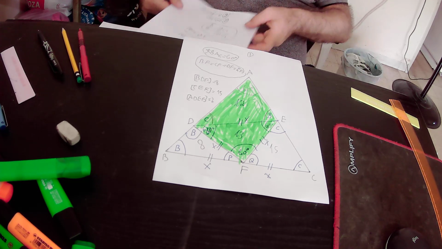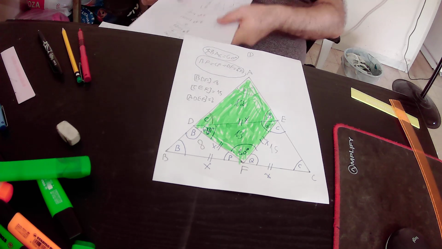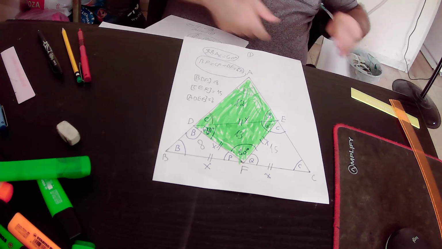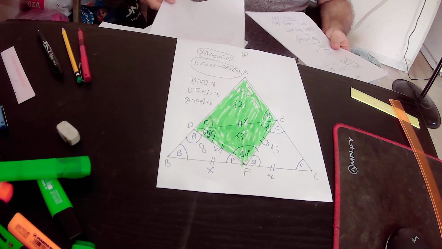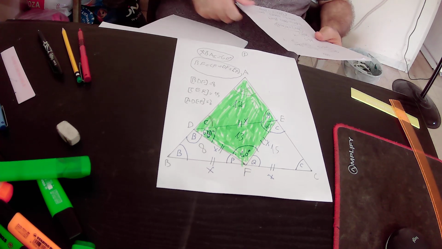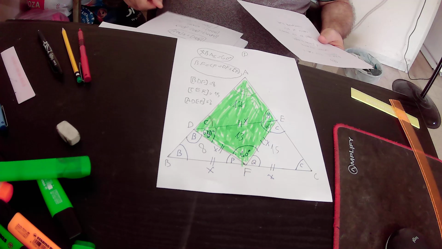So first of all we have rule number 1 that states that the sum of the angles in any triangle is equal to 180 degrees.